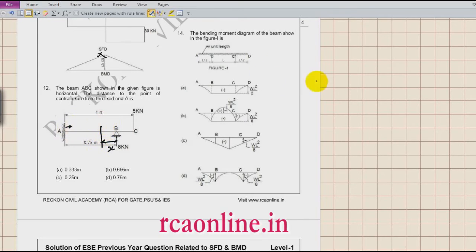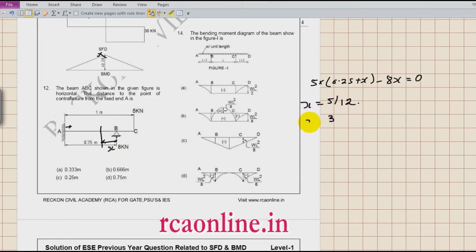So what will be the bending moment equation? 5 into (0.25 + x) minus 8x equal to 0. If you solve this equation, you will get x equal to 5 by 12. Is it okay?